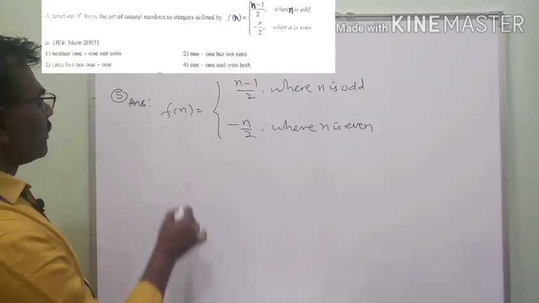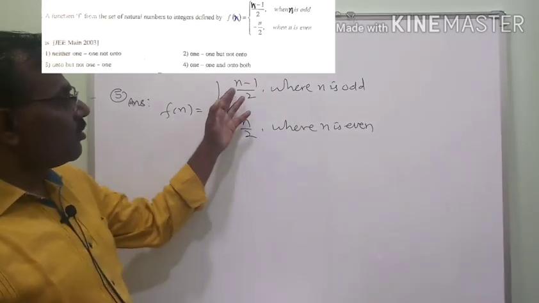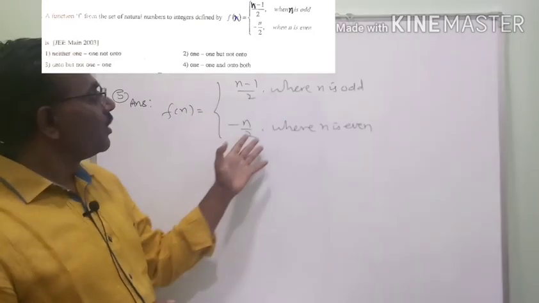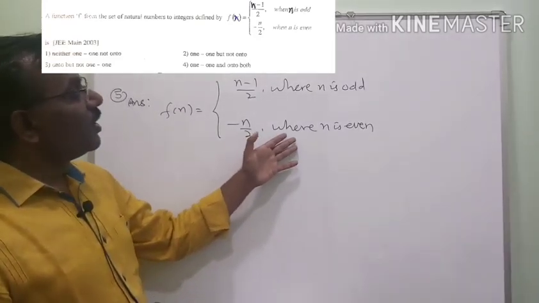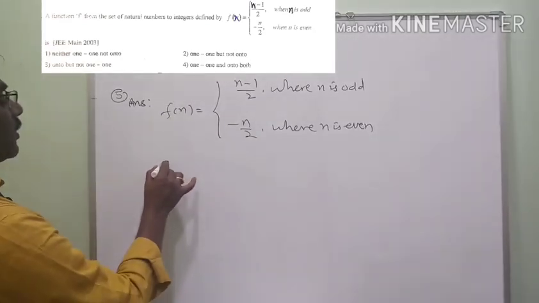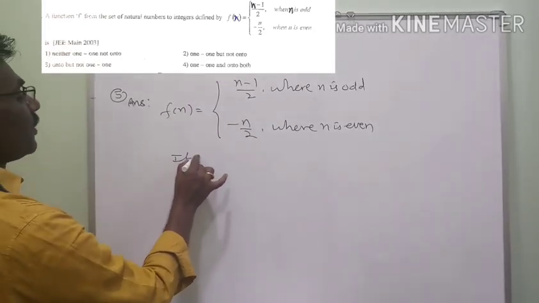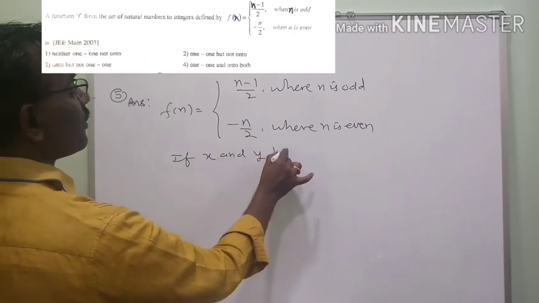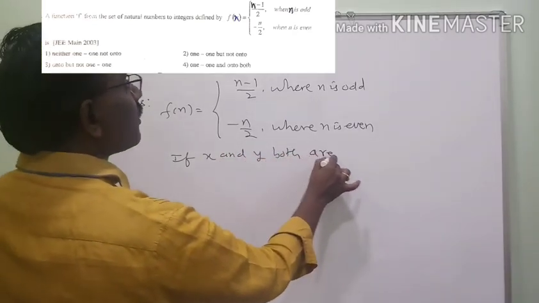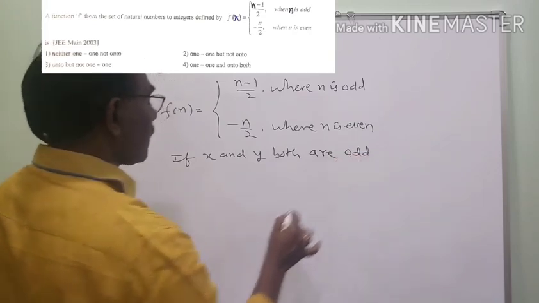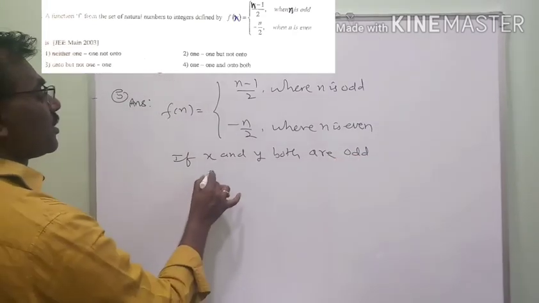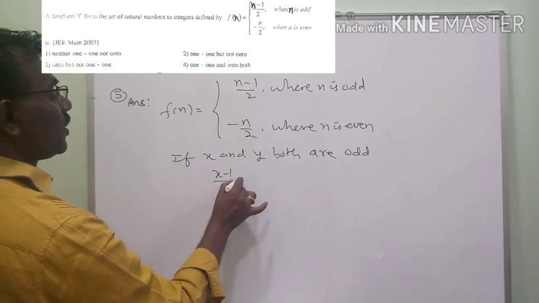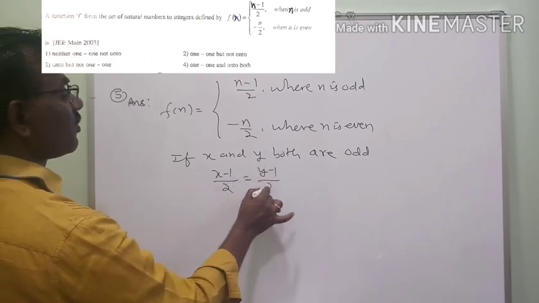Okay. So f of n is n minus 1 by 2 where n is odd, minus n by 2 where n is even. Now if x and y both are odd, then x minus 1 by 2 equal to y minus 1 by 2.